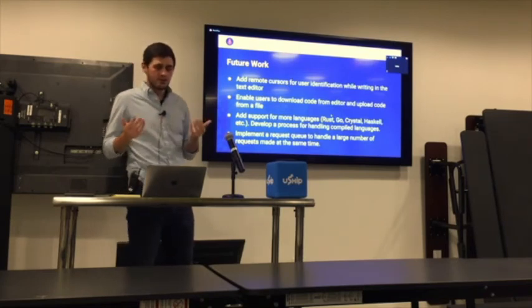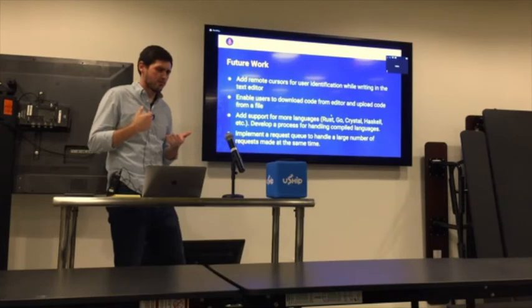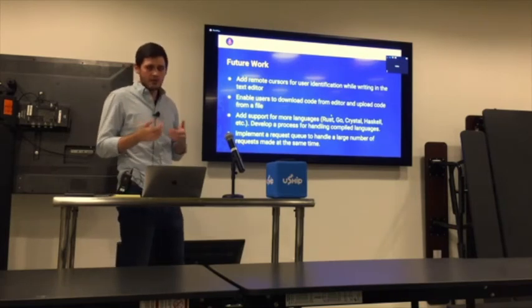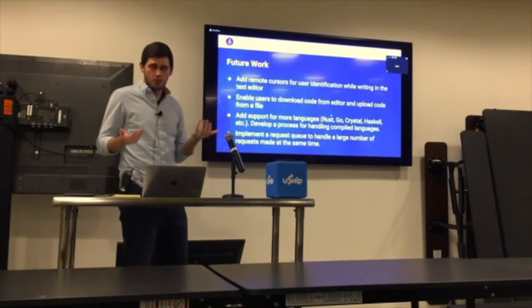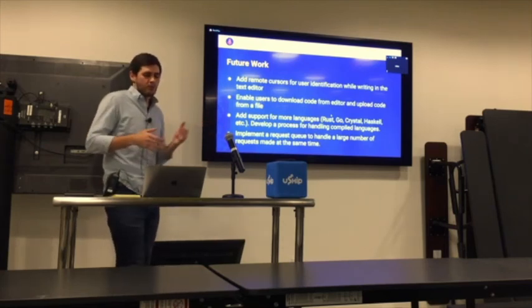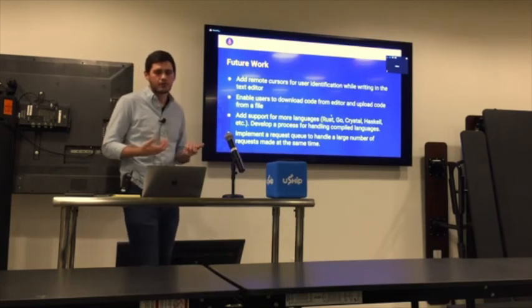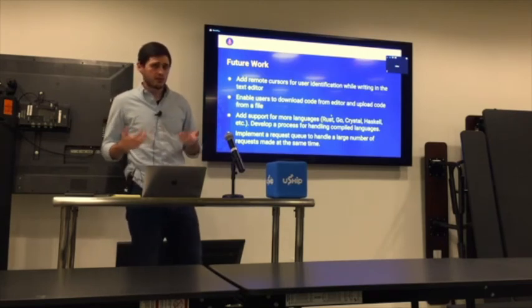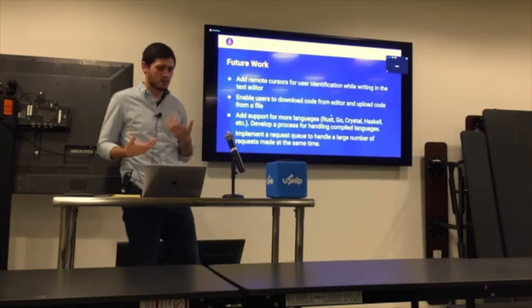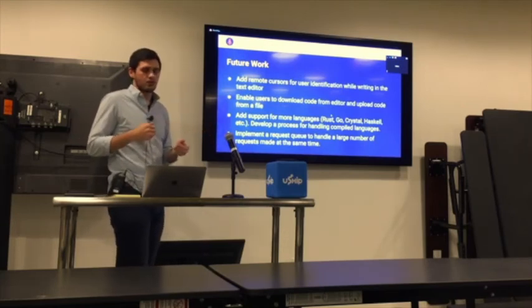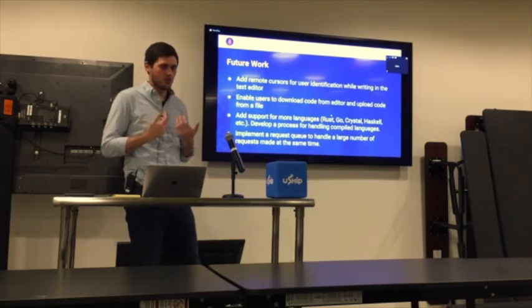We want to potentially enable users to just download code from the editor, save it, and then put it back up there for later. We want to add more languages. Something kind of exciting like Rust, Go, Crystal, Haskell. But for these low-level languages, we will have to find out a way to handle them. And then lastly, implementing a request queue just to handle a large volume of requests.